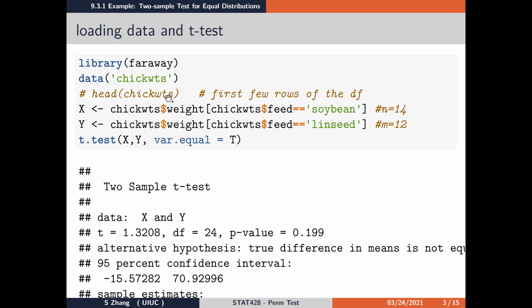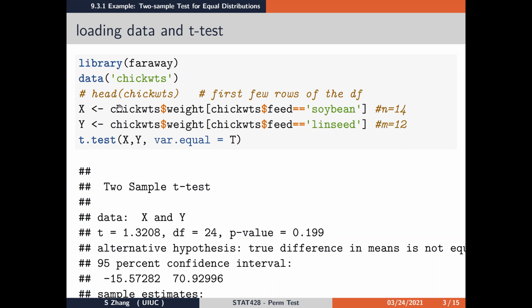So essentially there are two columns. One column corresponds to the weight of the chicks, and then the other column is a factor describing which type of supplement the chick was fed. I think there are a total of maybe 5 or 6 possible types of supplements, but we will just compare two of them, soybean and linseed.